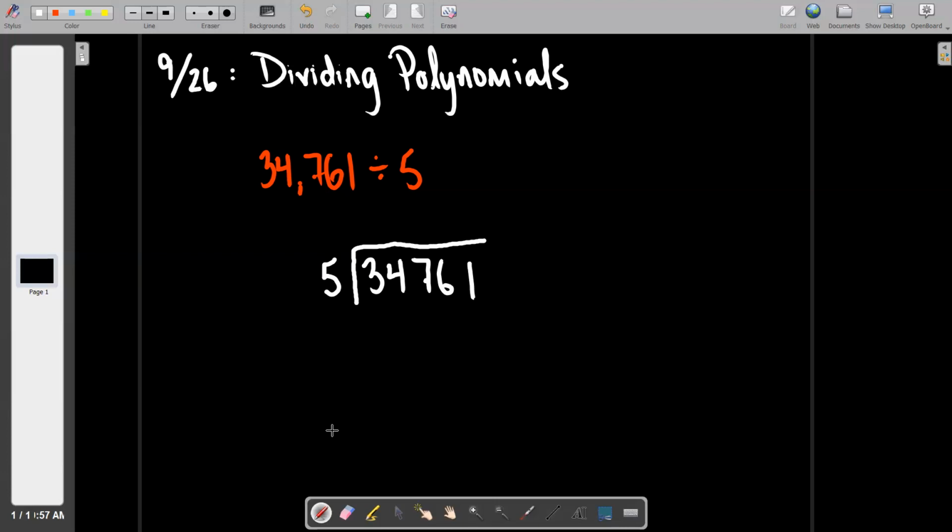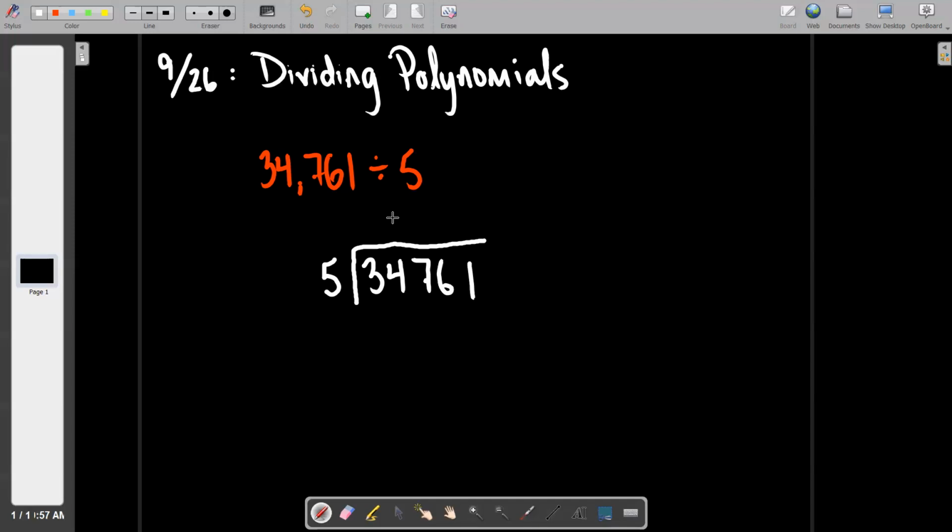So where does the process begin? What's the first question that we ask ourselves? Yeah, we ask ourselves, can 3 be divided by 5? Or more to the point, can 5, the divisor, go into 3? No, so we bypass that and head to the next one. Can 5 go into 34? It can.